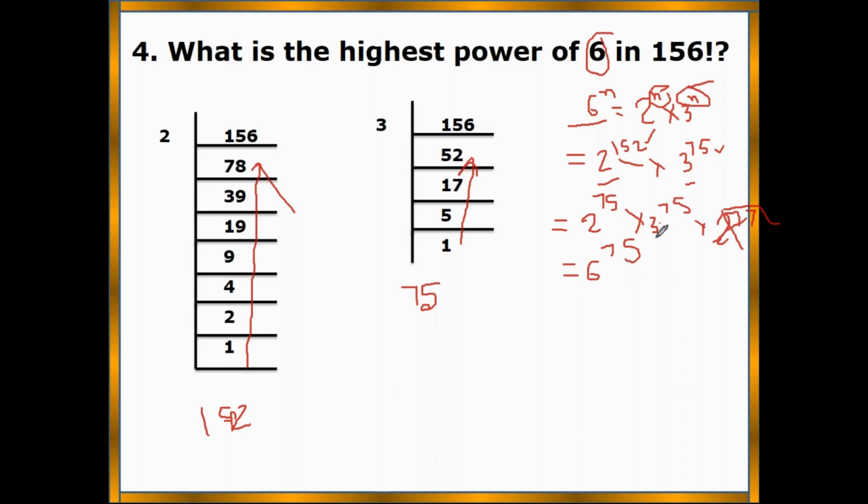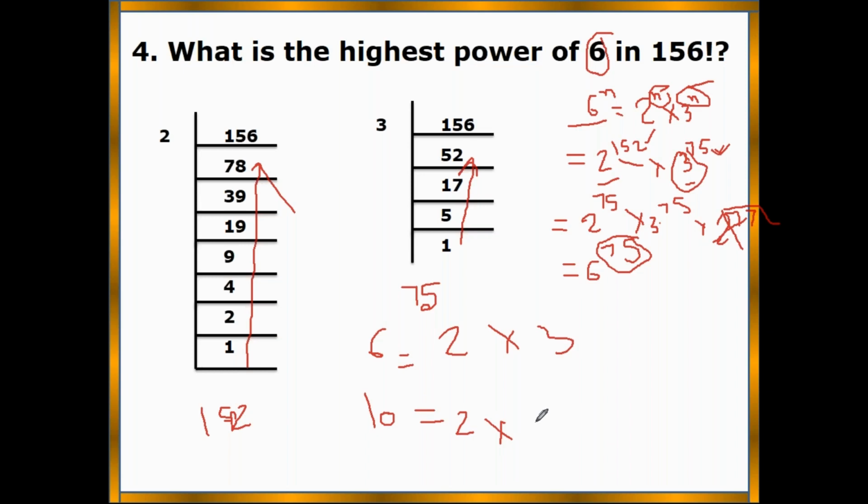So what is the answer finally? 6 power is 75. Remember, 75 is the power of the larger prime number. Why should I explain this point again? 6 is a composite number, 10 is a composite number. 6 can be written as 2 into 3 and 10 can be written as 2 into 5.